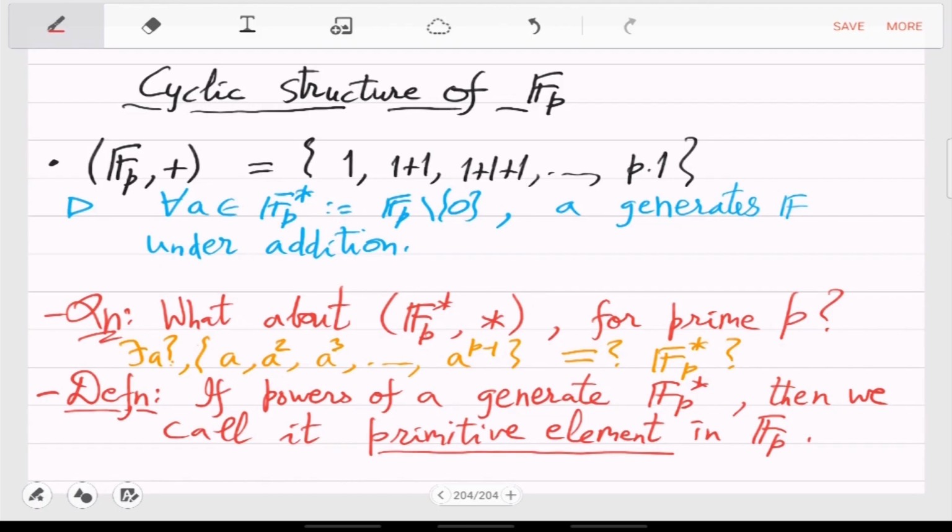Just keep adding 1 again and again. The second, more interesting thing we will study is the cyclic structure of multiplication. We will show that everything can be generated by one element. There will be an element A which will do this. That's called a primitive element.